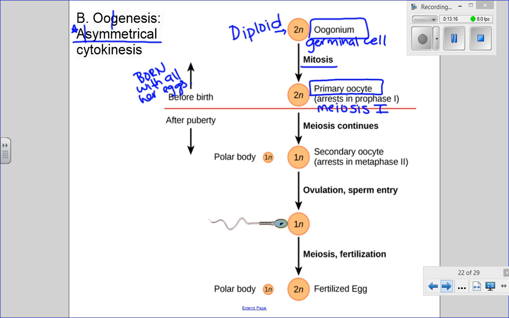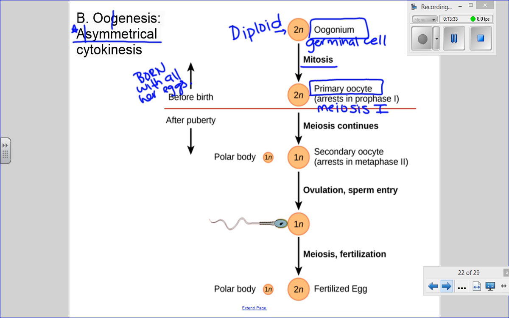Males, on the other hand, could produce sperm basically indefinitely and in the billions of quantities. Eggs have a much more limited number, and you'll see it takes a little bit more to get one egg produced than it does one sperm.